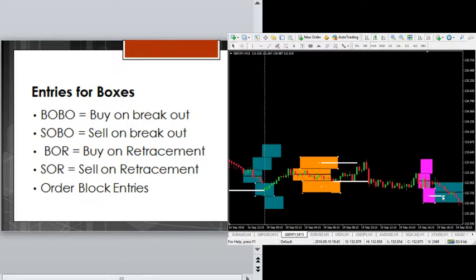So it breaks, no, it's still within the 50%, but breaks the pre-London box. Again, extending it here, and then you would consider another sell-off and a safe take profit of 100% or 50% of the box.